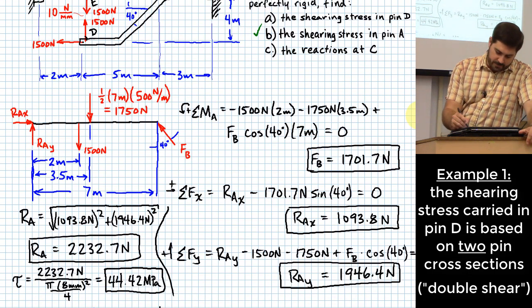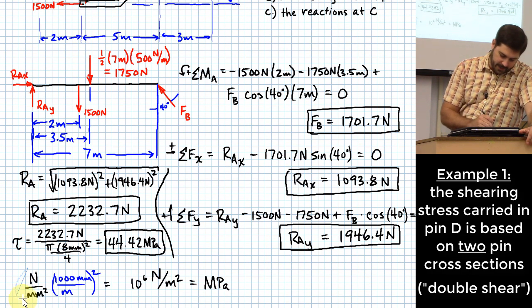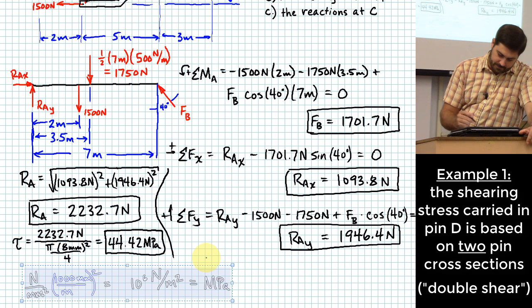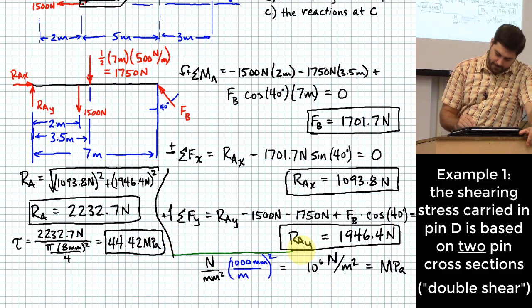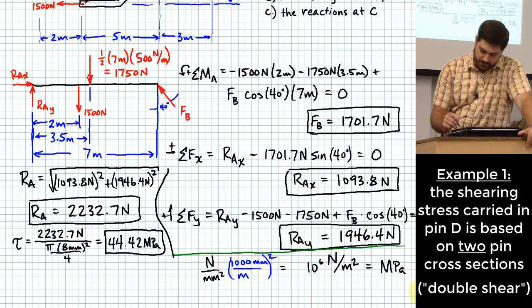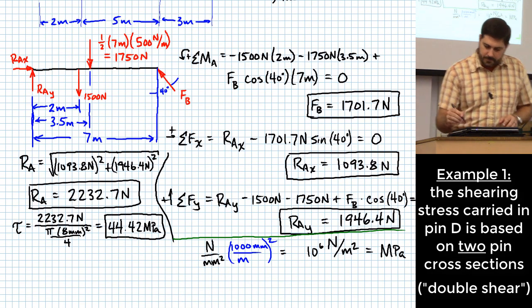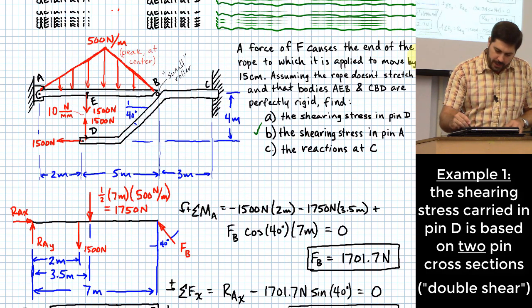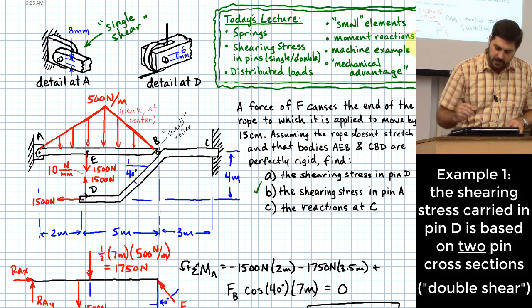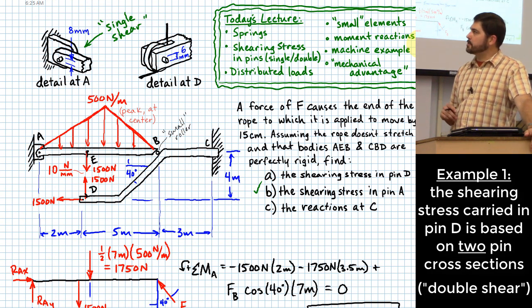While we're here, why don't we go ahead and use what we just figured out to find the shearing stress that we would have had in pin D. Okay? How would that work? So go up here and we'll look at that pin D. First of all, we'll see that the diameter is 6 millimeters.